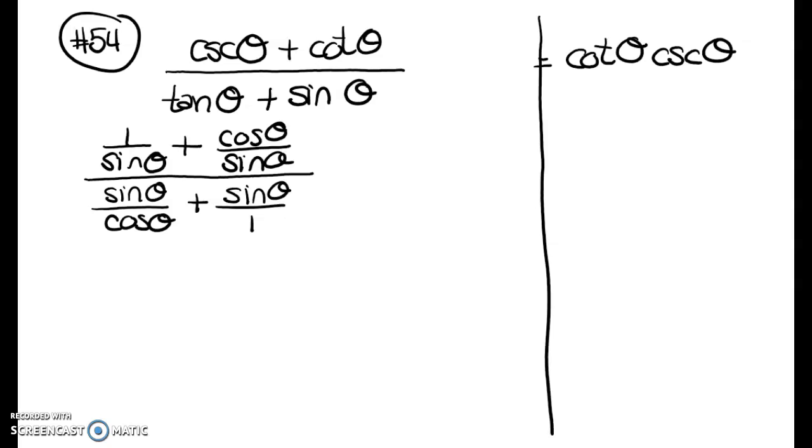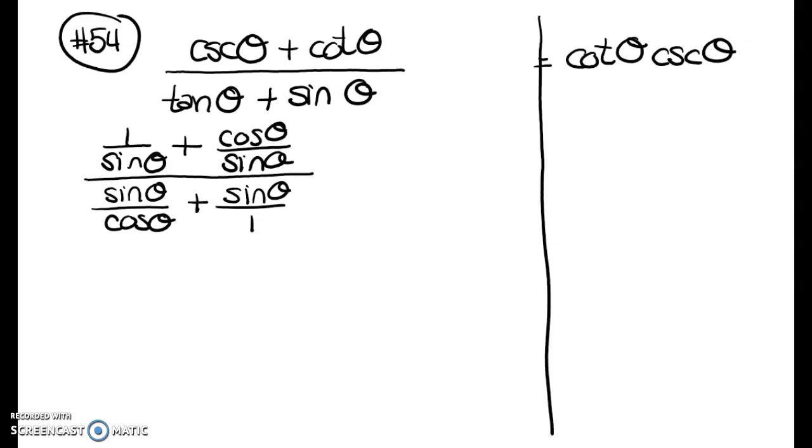In the numerator it looks pretty easy. It looks like I could just add the two, 1 plus cosine over sine of theta, but in the denominator they don't have the same denominator.